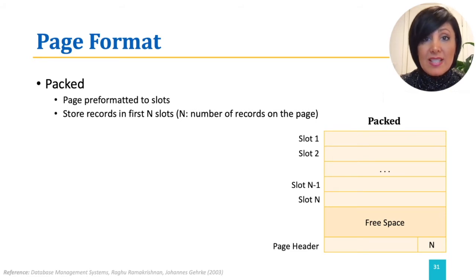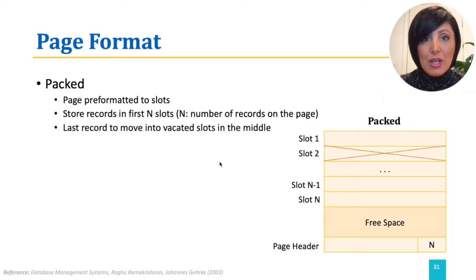The empty slots start after slot n and continue to the end of the page space. While adding, the record is added to the empty space. And while deleting, the last record on the page moves into the vacated slot, then the space for record n is added to the beginning of the free space, and n is decremented.